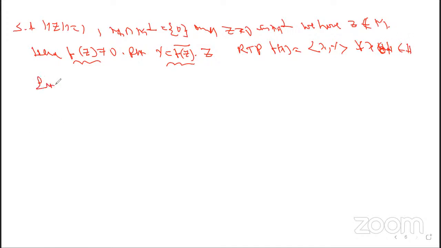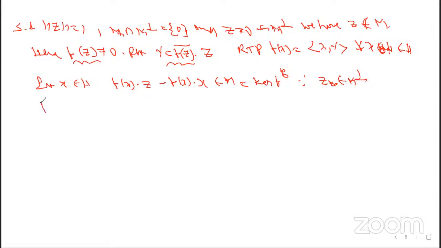So let small x belong to capital H. We have f of x times z minus f of z times x belongs to M, the kernel of f, since z belongs to M perp. So the inner product of f of x z minus f of z x with z equals 0.